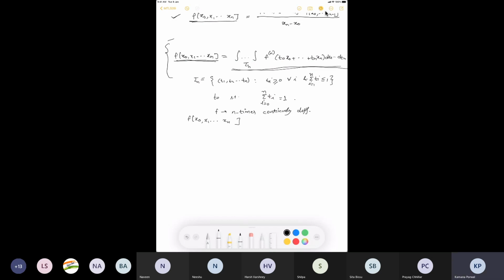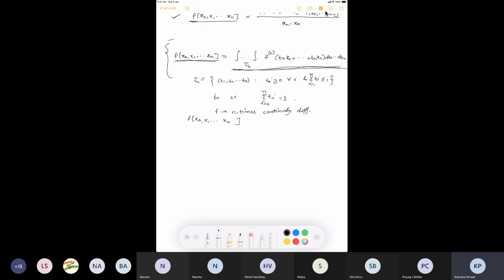It doesn't matter where your xi's range, or whether any of these variables, say x1 or x2, are equal or not. This integral makes sense irrespective of whether x0 is the same as x1 or x1 is the same as x2.